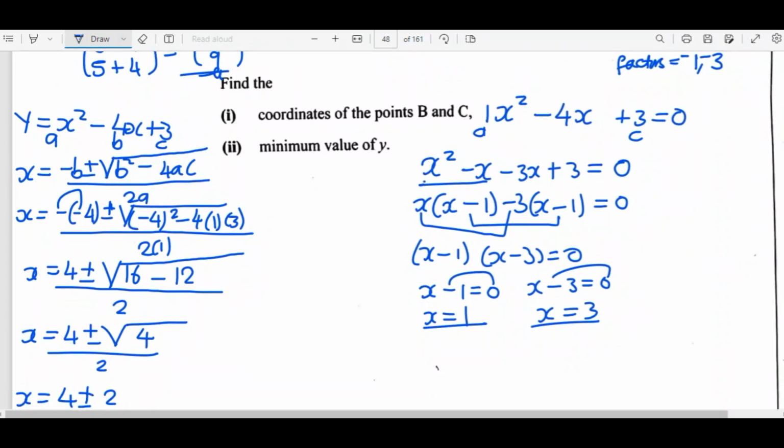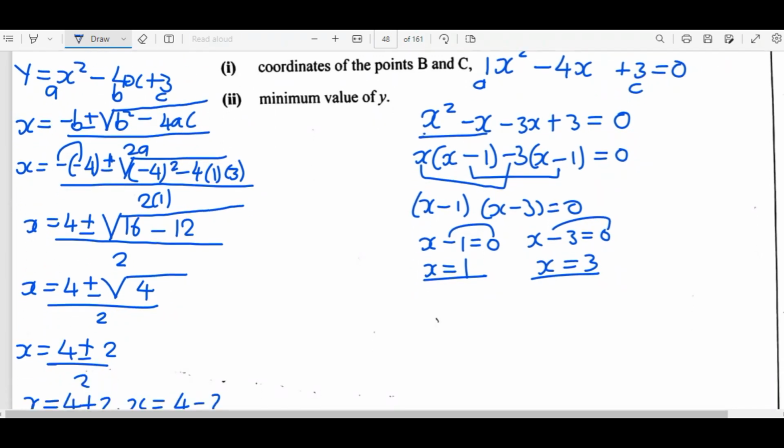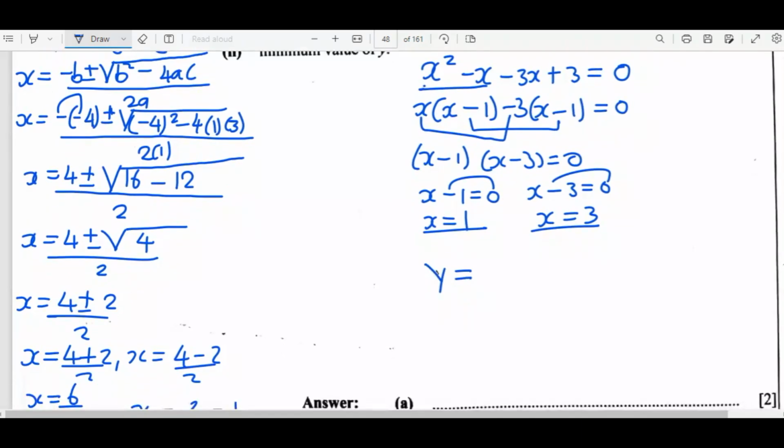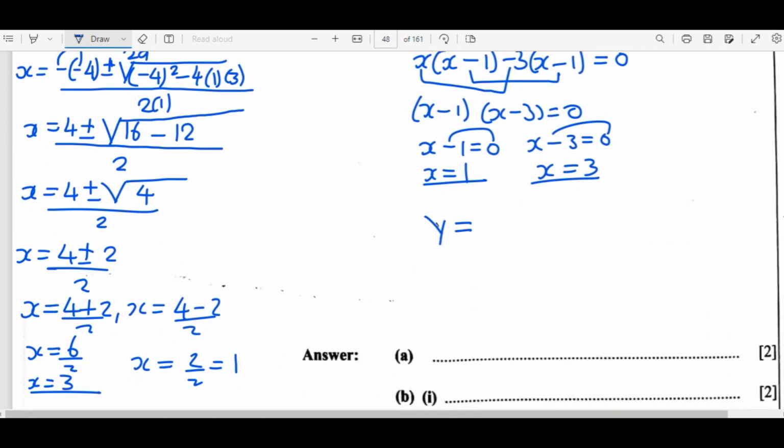Then question Roman number 2, minimum value of y. So for minimum value, we just want the turning point, and under the turning point, we just want the y value of the turning point. So it's given by y is equal to 4ac minus b squared over 4a.